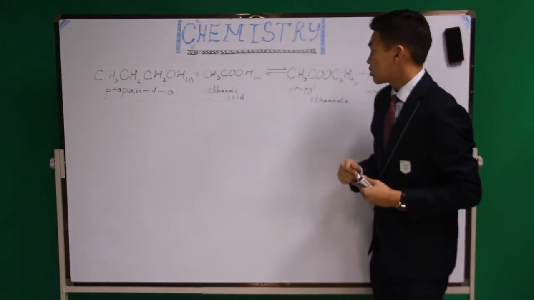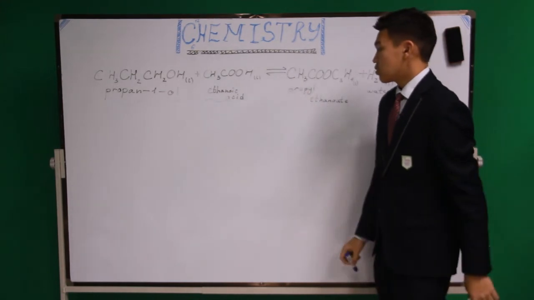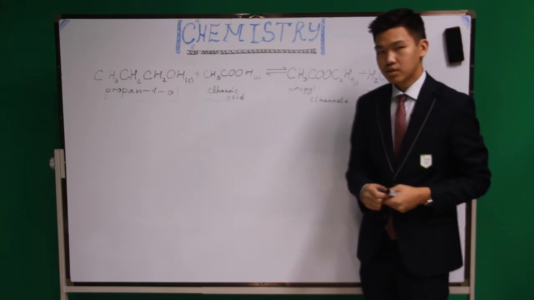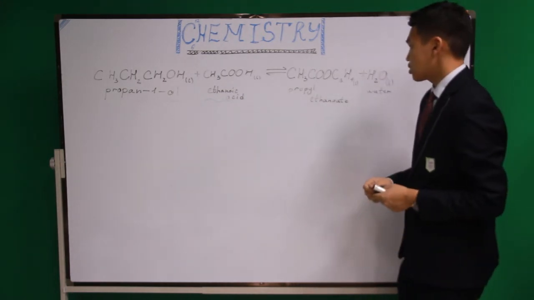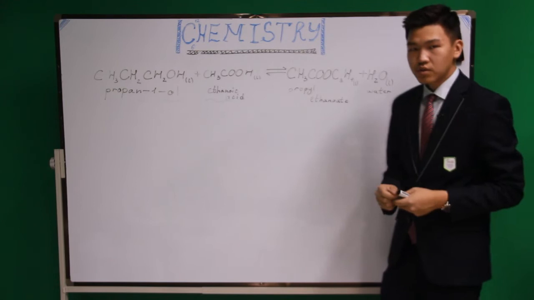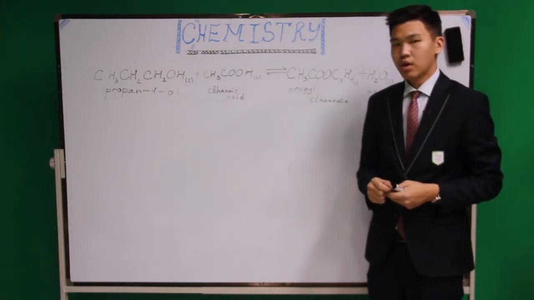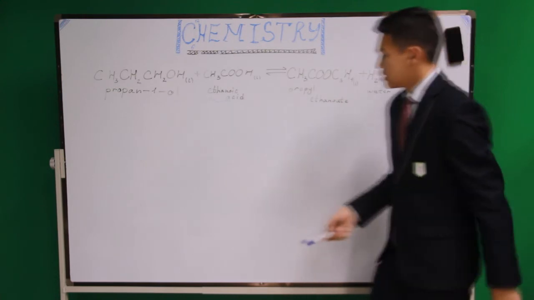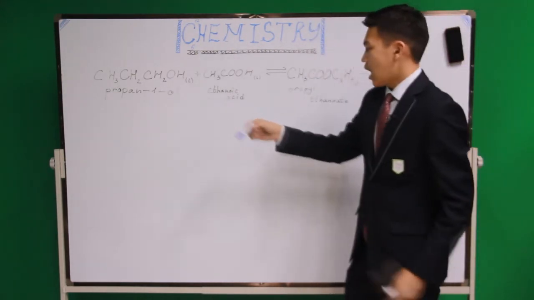So let's talk about this reaction. This reaction is very important for today's lesson, because it will be our first video practical work in the chemistry lesson. We're adding propan-1-ol, the alcohol itself.